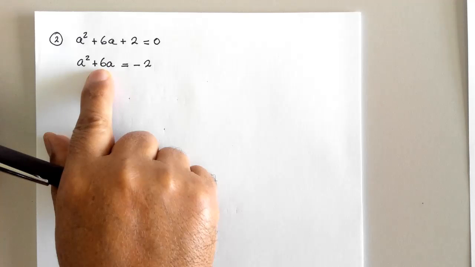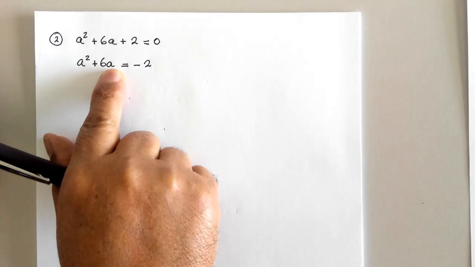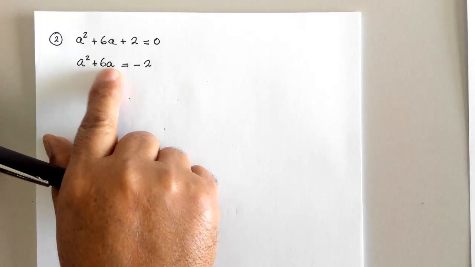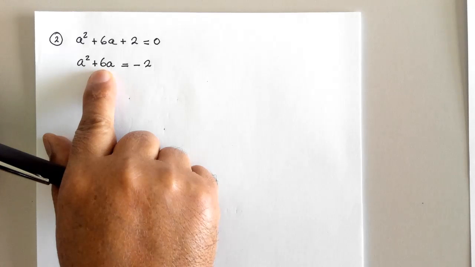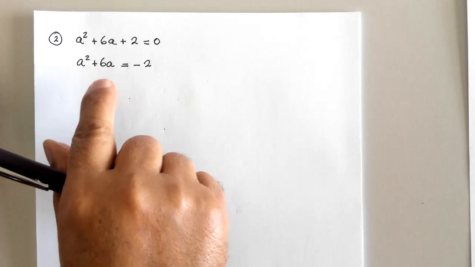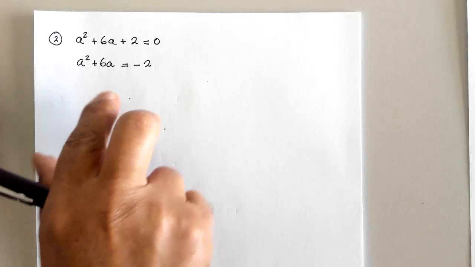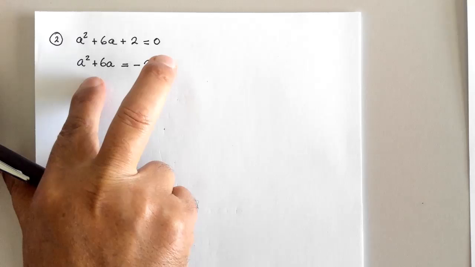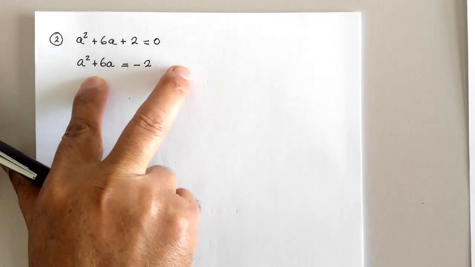So you always divide the coefficient of the middle term by 2. So 6 divided by 2 is 3, and then we're going to square. So 3 squared is equal to 9. So that is the number that we're going to be adding to your left and to your right.